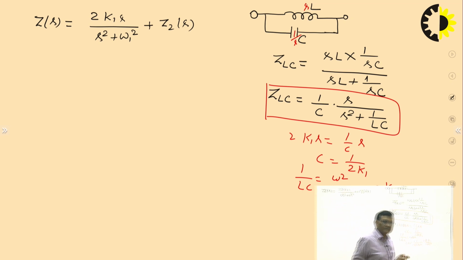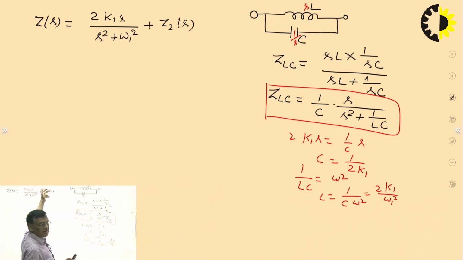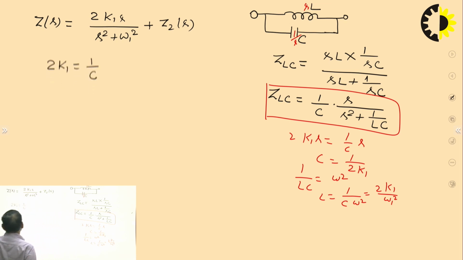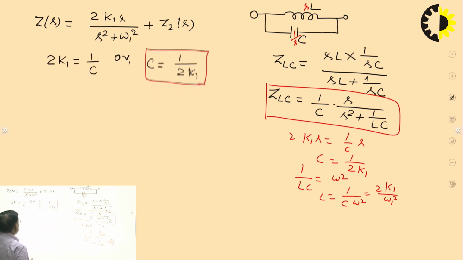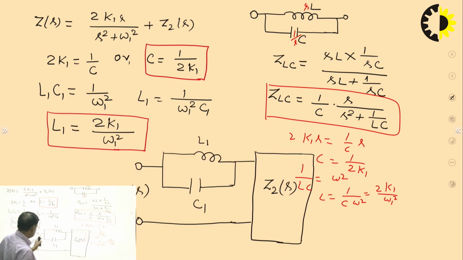From the given function, after carrying out the partial fraction expansion and the Heaviside expansion theorem to get the coefficient K1, we can get L1 and C1. So this we have explained. If you remove one pair of imaginary poles, we get one LC tank.